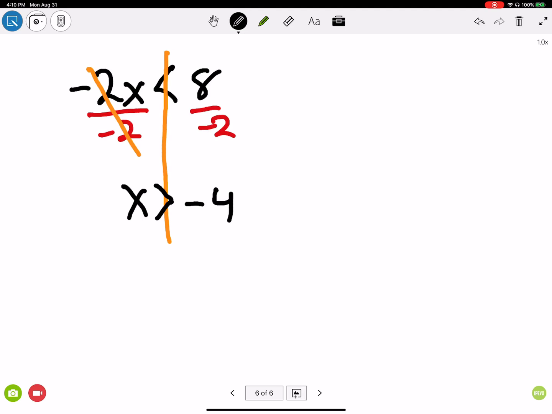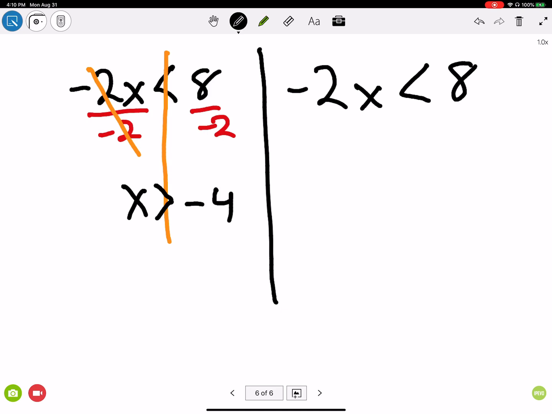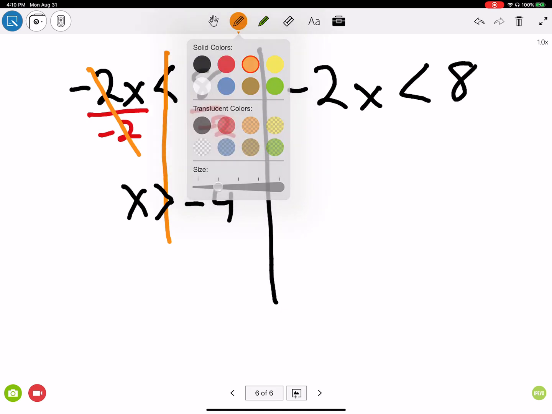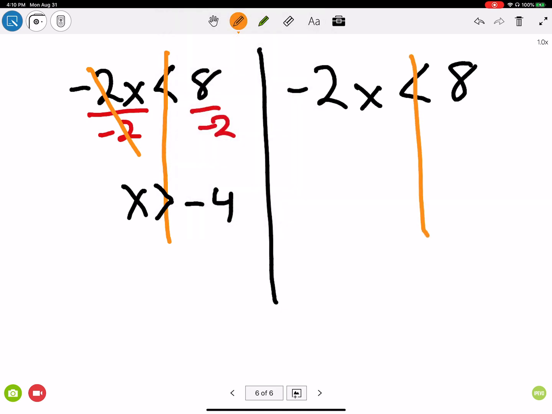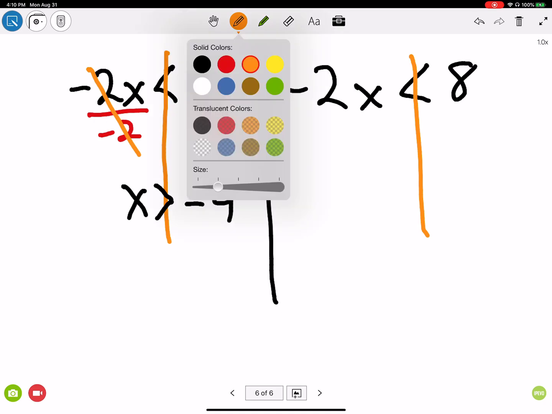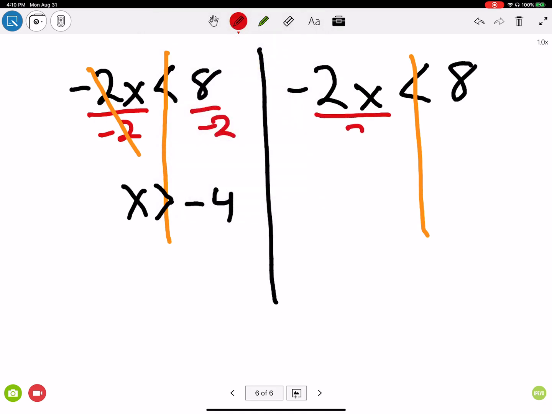Now, if I solve this the other way, remember how I said that you could divide by 2? It's going to look like this. Let's make our mirror. If I divide by 2, the 2's cancel out, but I have a negative divided by a positive, which leaves me with negative 1x, and 8 divided by 2 is 4.